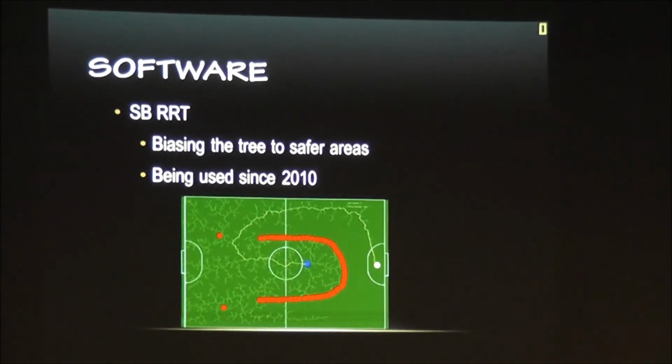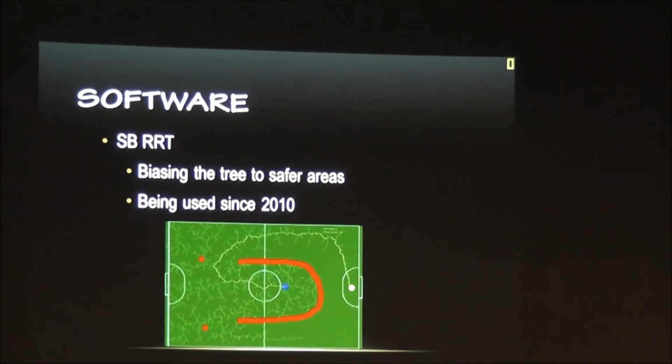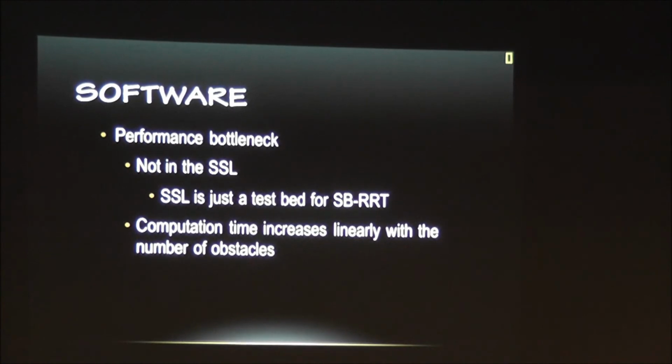One of the things we did is a new pass planning method. It's called SPRRT. We have used it since 2010, and it biases the RRT tree to safer areas. It was explained last year, so I won't go into details of this. But the main problem with this method is its performance bottleneck.